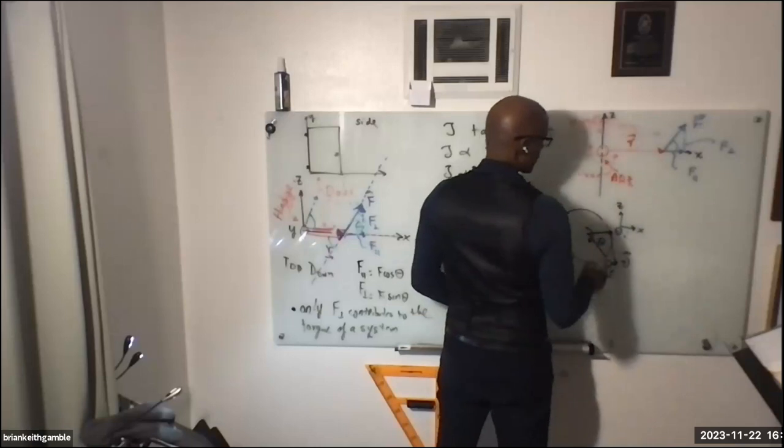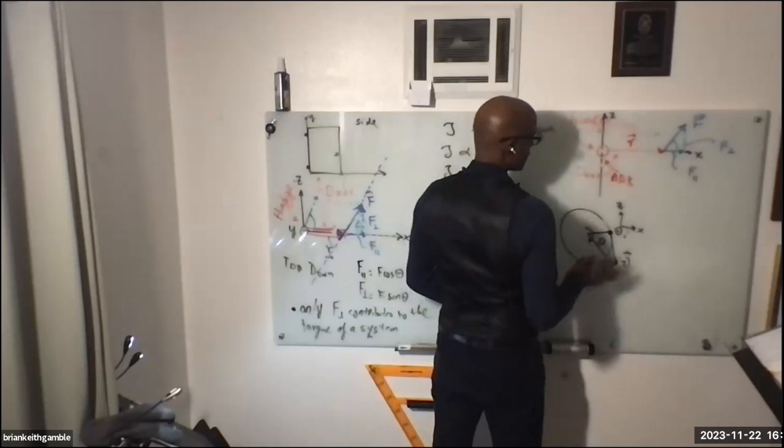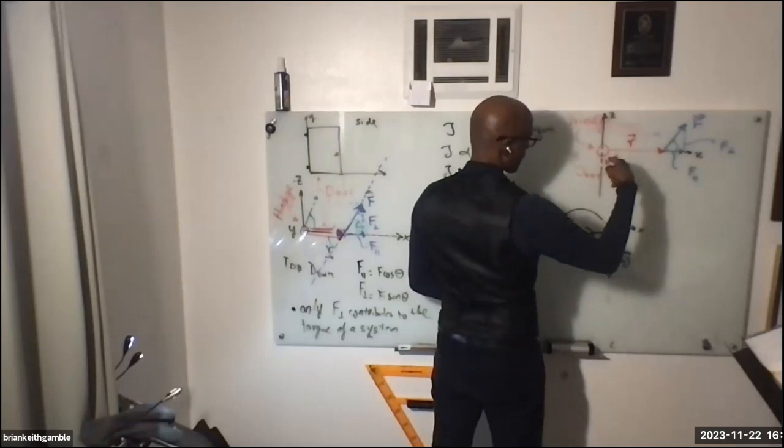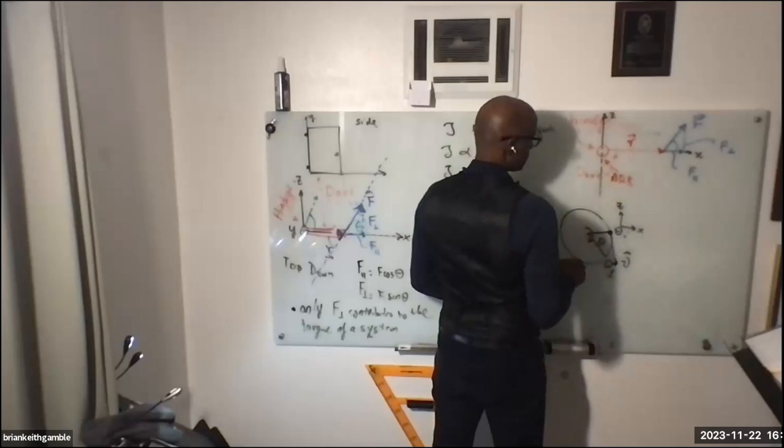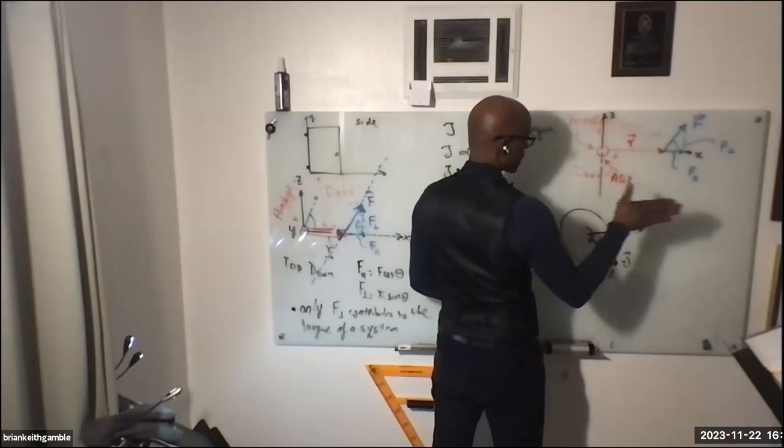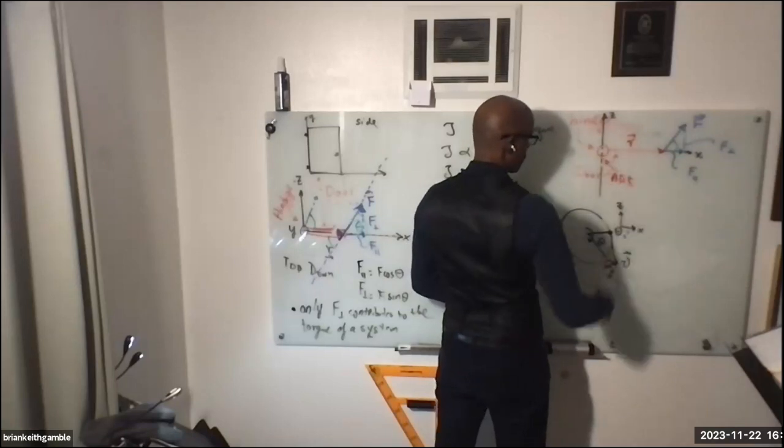I kind of messed this up, because it is actually the positive y direction, but positive y is into the board when it's like that. So I said it was out of the board, but it's not. X, Y, Z. Yeah, positive Z would be into the board.